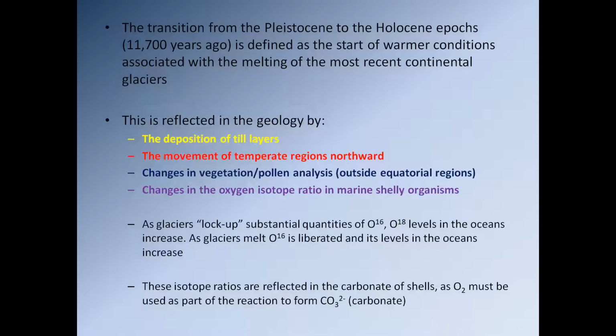And so this tells us that glacial ice is melting, that's releasing the water, and obviously the water contains lots of oxygen-16, that's releasing that water back into the oceans, and so the amount of oxygen-16 in the oceans starts going back up, and we can measure that in the calcium carbonate of the shells of, as I say, animals like oysters. So these are the four changes that we look for to define the transition from the Pleistocene to the Holocene.